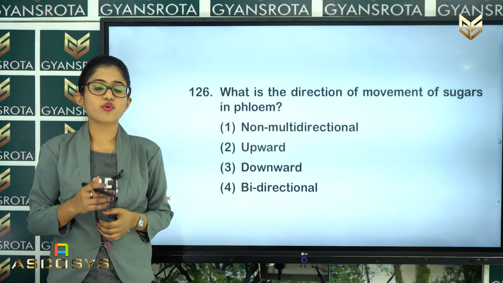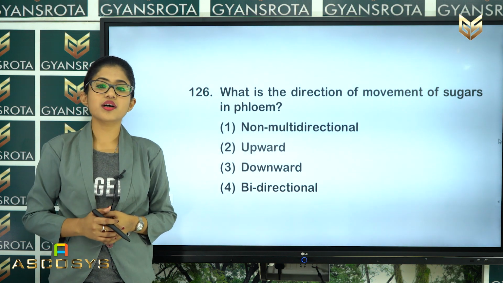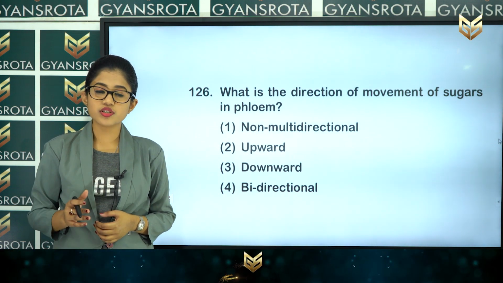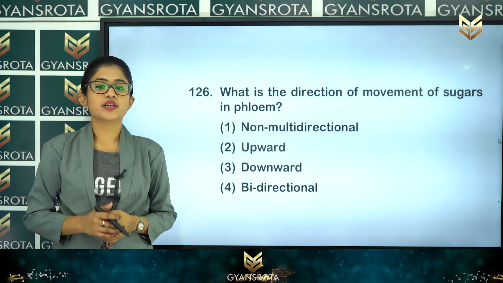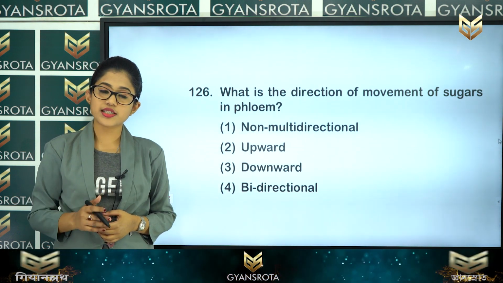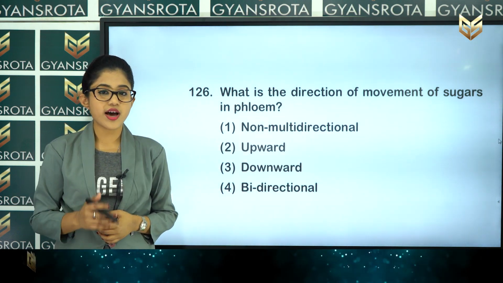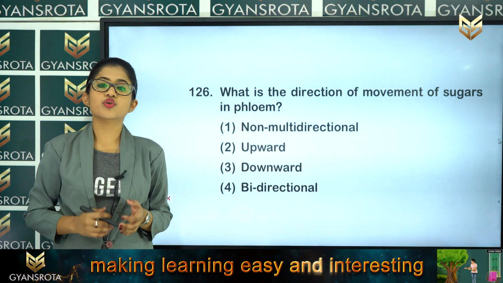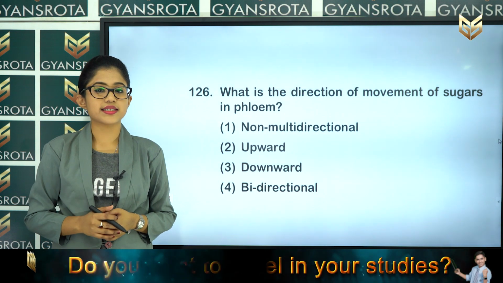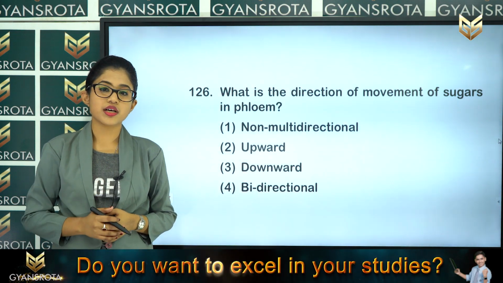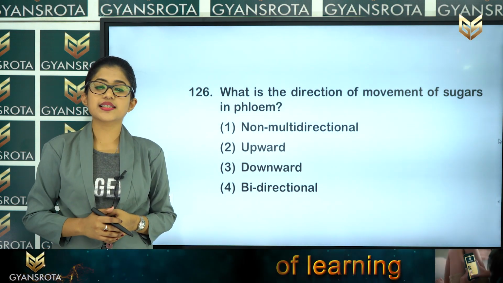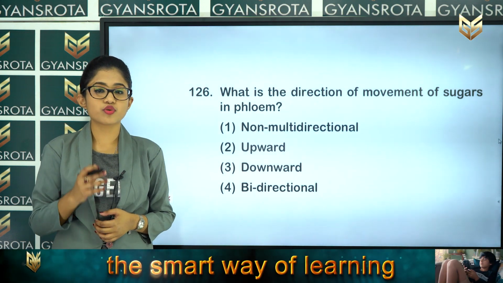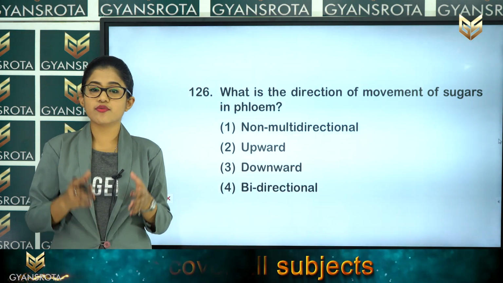So, what does the phloem do? Phloem moves the sugar from source to sink, right? That type of movement is called bidirectional movement, whereas the xylem, which takes the water along with the minerals to the upward portion of the plant, will be upward movement. So, the phloem takes the food material in the form of sugar in the upward and downward direction.